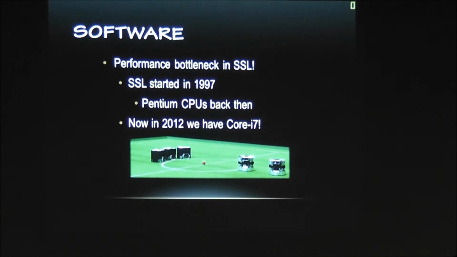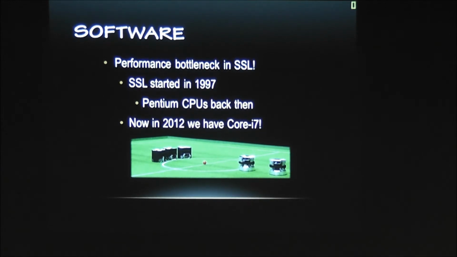So in the software part, one of the main things we tried to do was to overcome the performance bottleneck that I think many teams currently have in the league. You know that SSL was started in 1997, and back then Pentium CPUs were used for doing AI computations.